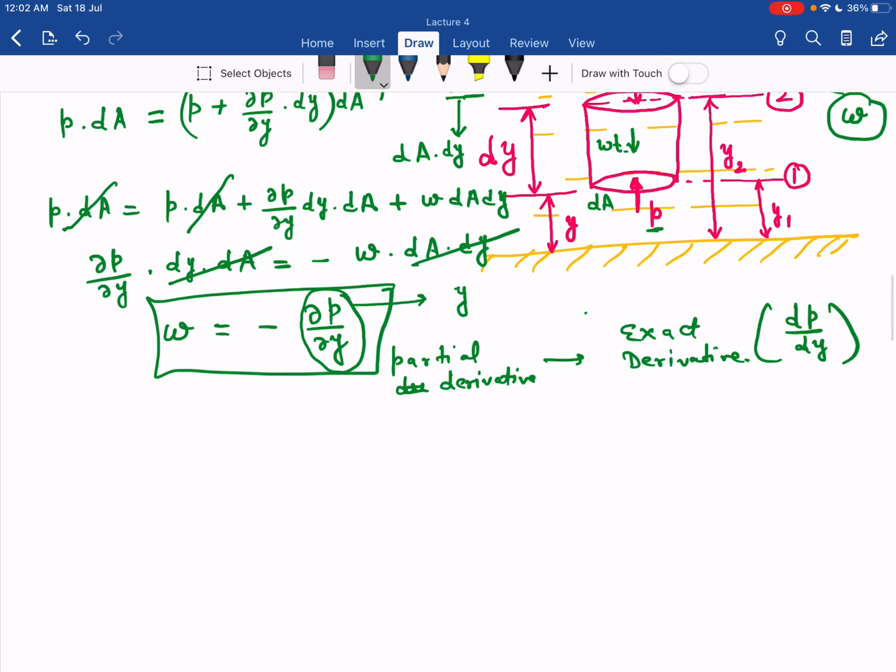So if P is varying only along the y direction, we can write W is equal to minus dP by dy, or dP is equal to minus W dy.